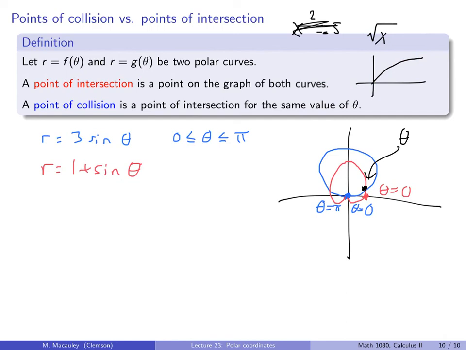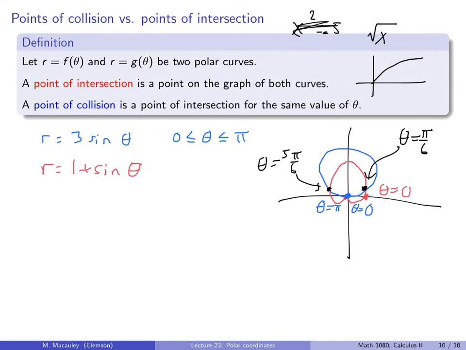Oh, actually, yeah, we know, and we have a formula for it. So theta equals pi over 6. This other point of intersection happens when theta equals 5 pi over 6.